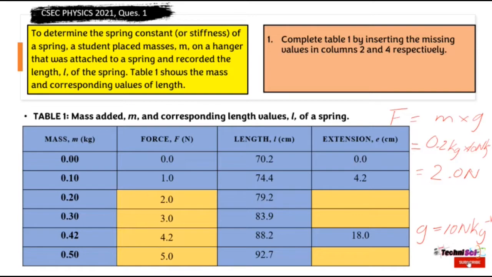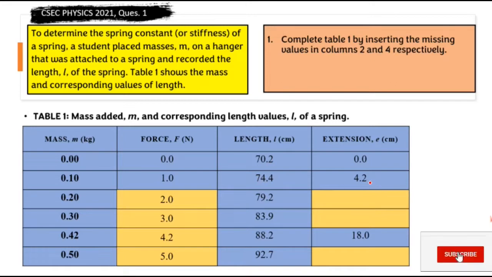Now let's look at extension. Remember, the original length of the spring is 70.2. When the mass of 0.1 kilograms was added, it went to 74.4. Based on the first row again, we can see that the extension was 4.2. Extension is equal to, and I'm just going to use letters to represent it, new length minus original length.